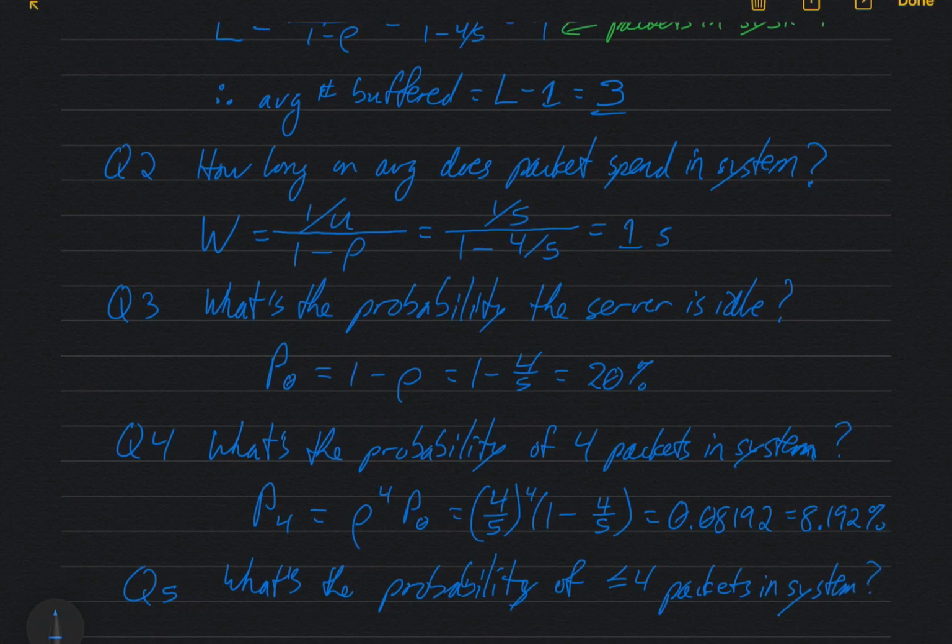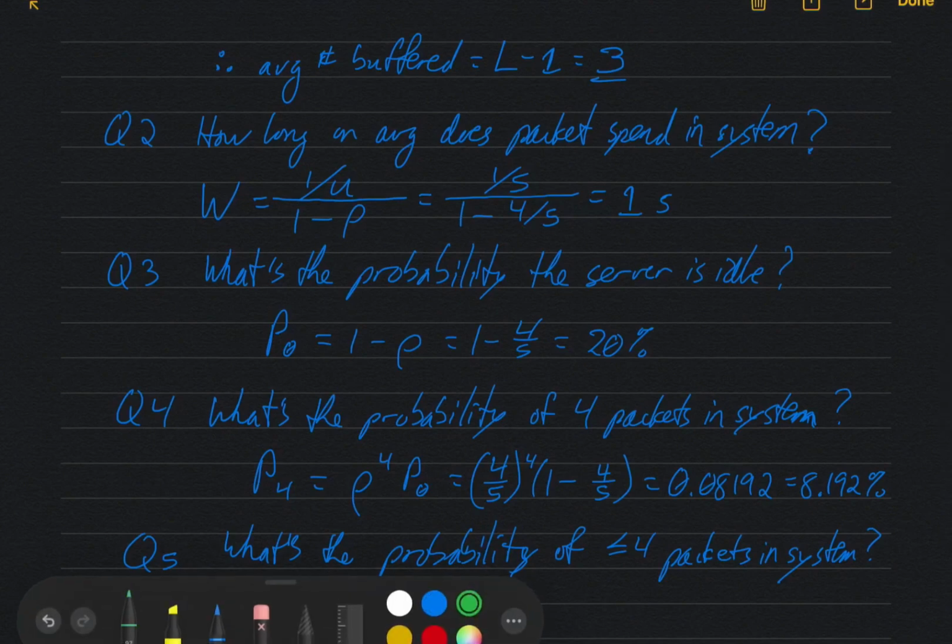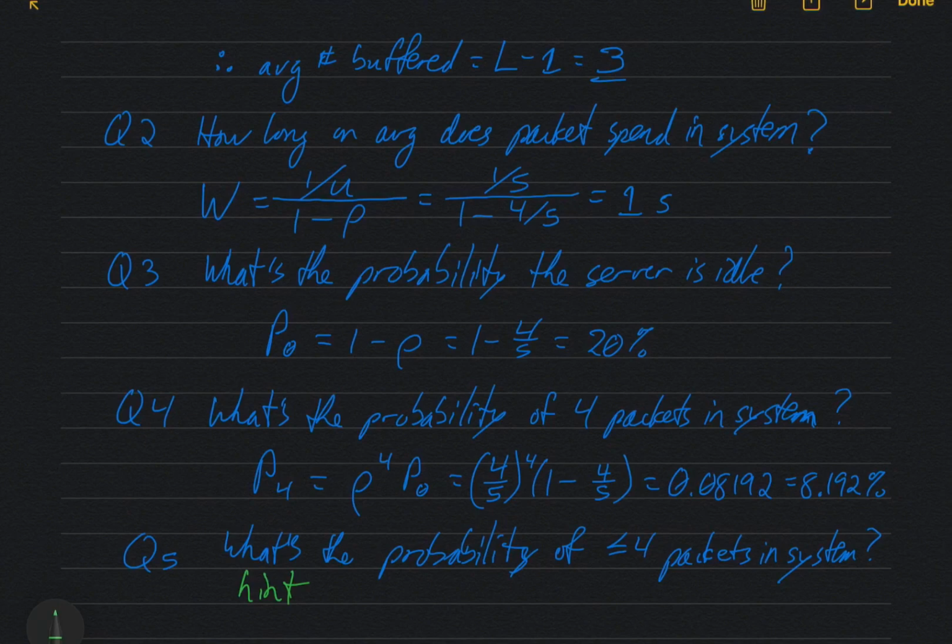The big hint here is that it's going to be the probability of 0 plus the probability of 1 up to the probability of 4. I mean, that's giving you the answer really, but anyway.